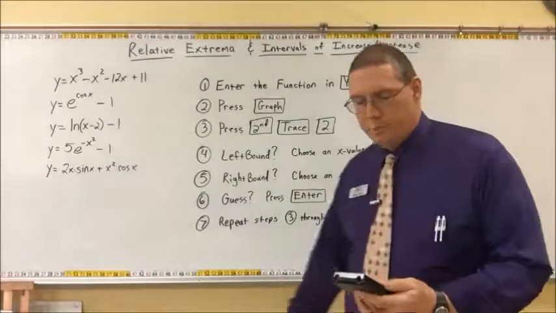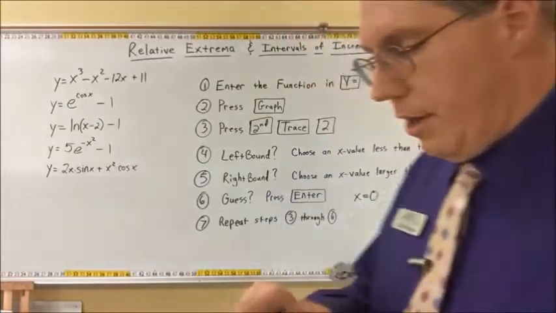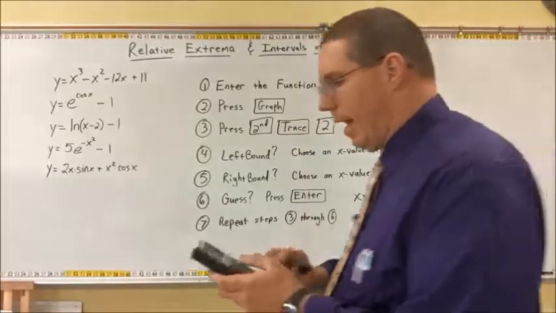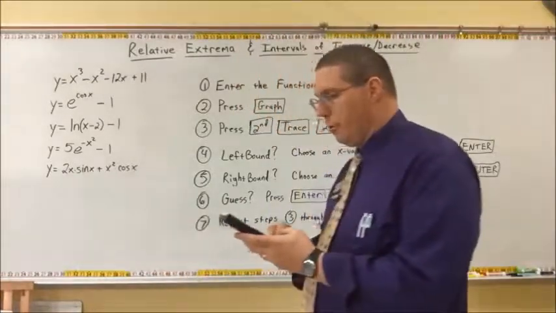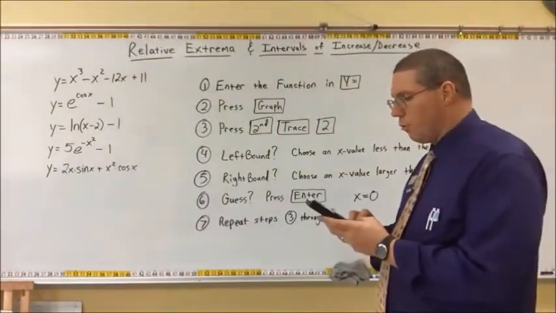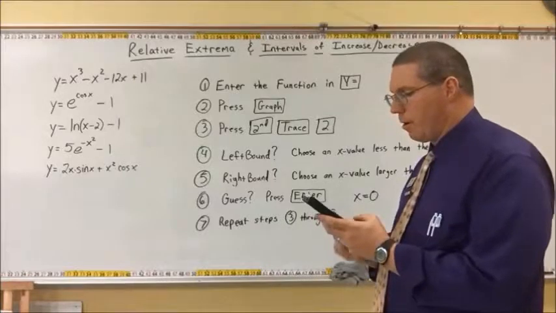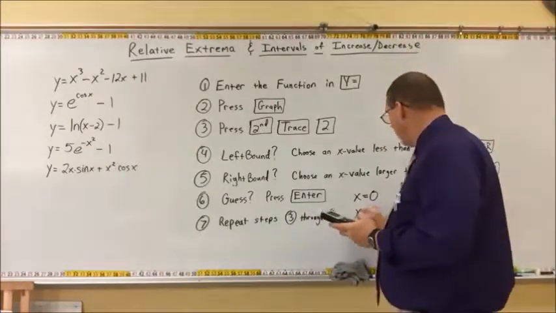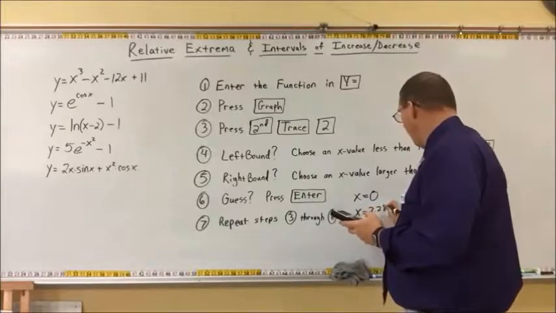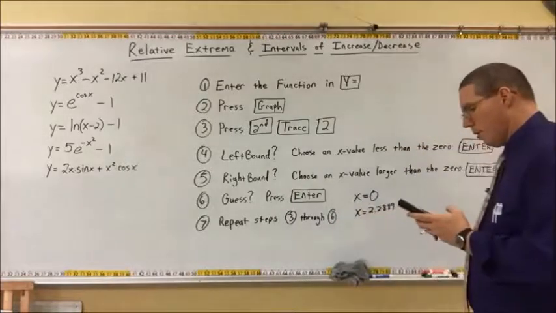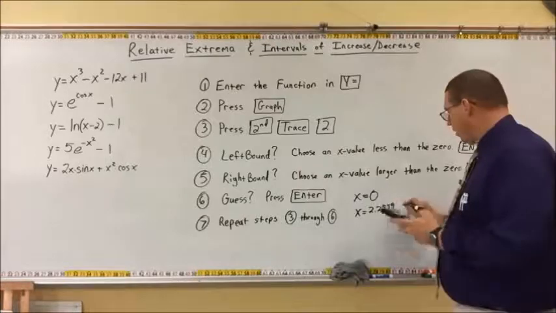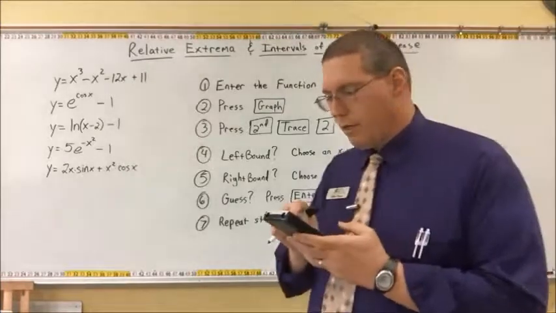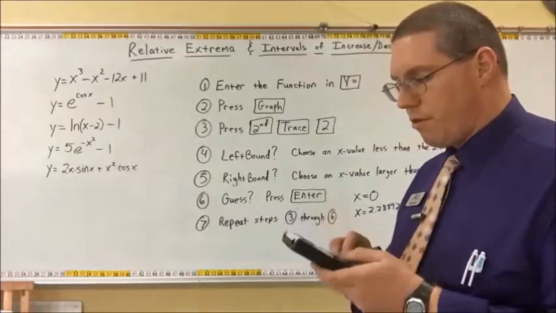So now I'm going to find maybe just a couple more. The next one over to the right looks like it's between 2 and 3. So I'm going to hit second calc, choose option 2, left bound 2, right bound 3, then I'm going to press enter, and sure enough, 2.2889297, x equals 2.2889297. And then the next one over from there looks like it's maybe between 4 and 6.